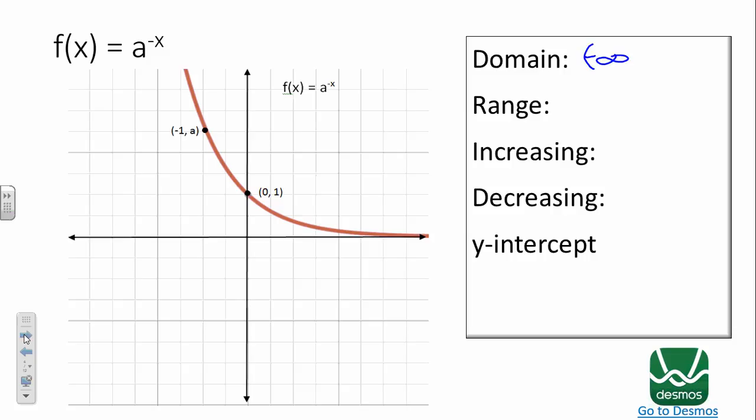Yeah, negative infinity to positive infinity. It didn't change, did it? How about our range? Did it change? Nope, had to be bigger than 0. Is it increasing? It's not. Is it decreasing? Everywhere, right? And what's the y-intercept? 1 again.